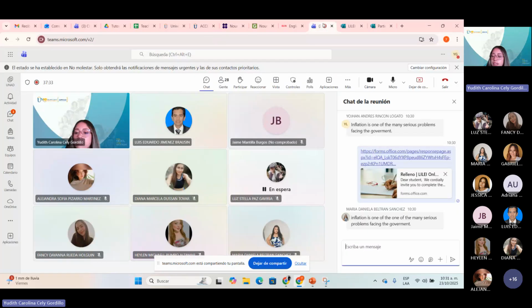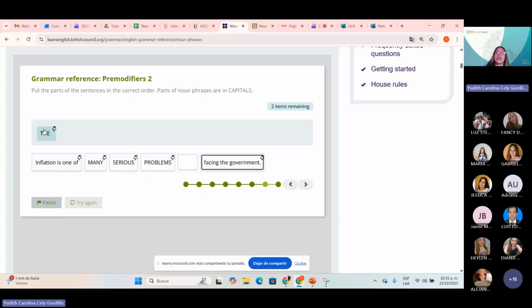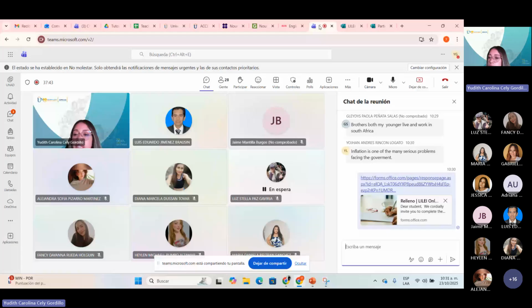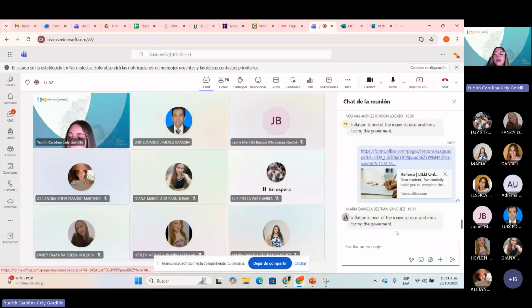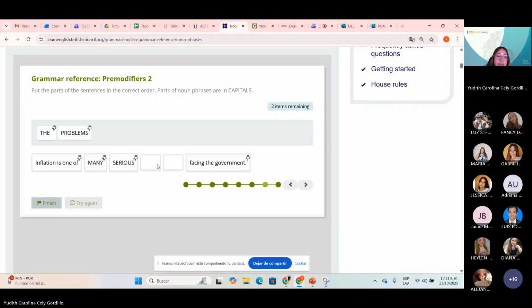Serious problems facing the government. That's right. Okay, that's so perfect, that you can include it about the word. Inflation is one of the. That is about the word.